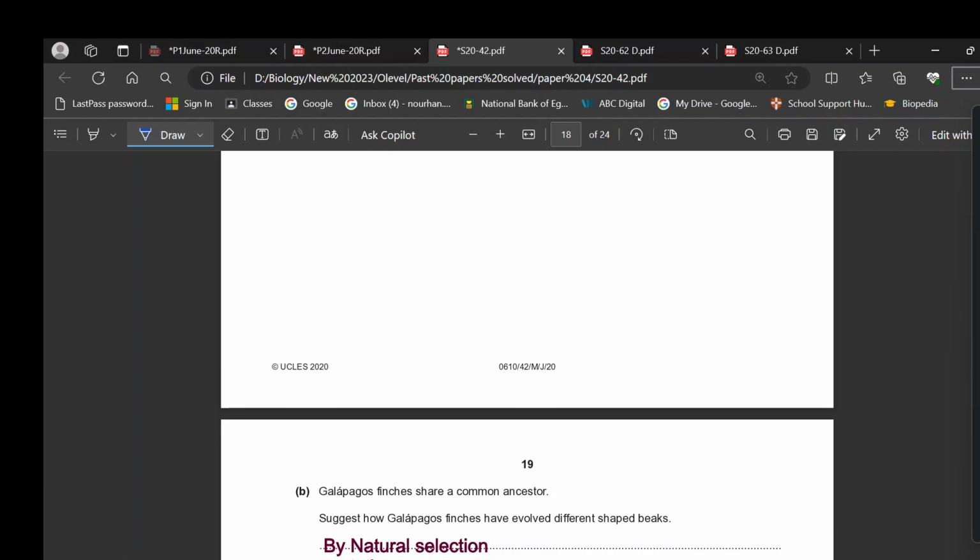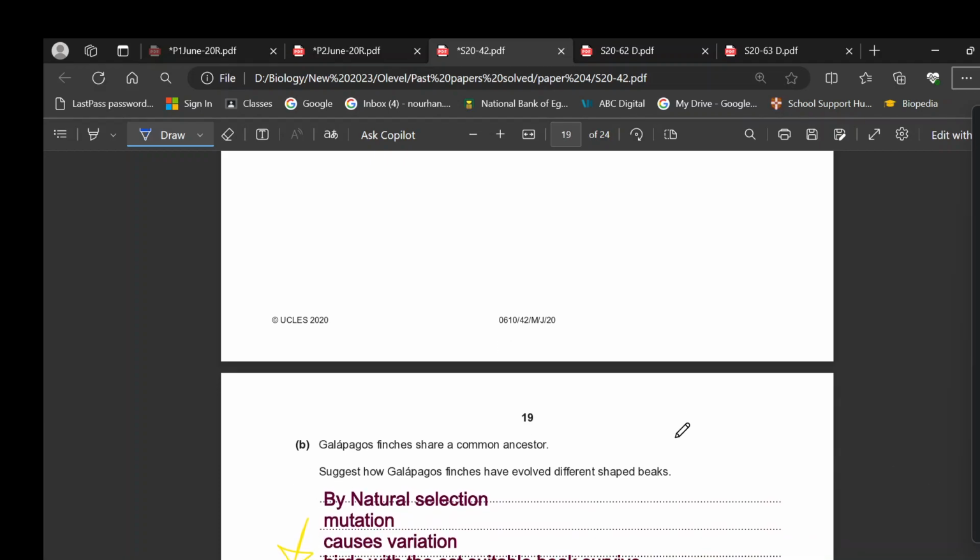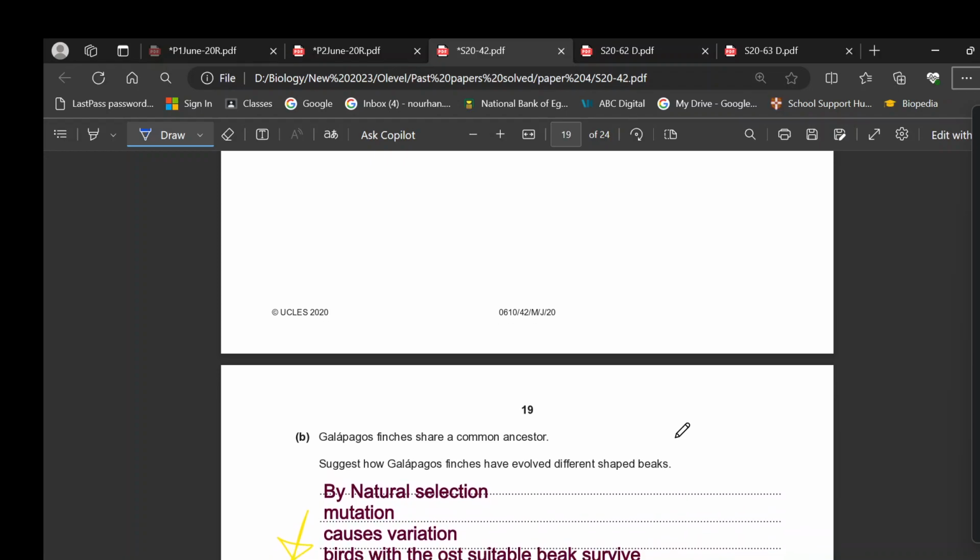In any question that asks how an organism looked like something and then changed to another thing over time, how does this happen? This always happens by natural selection, where mutation occurred that caused variation in the shapes of the beak.